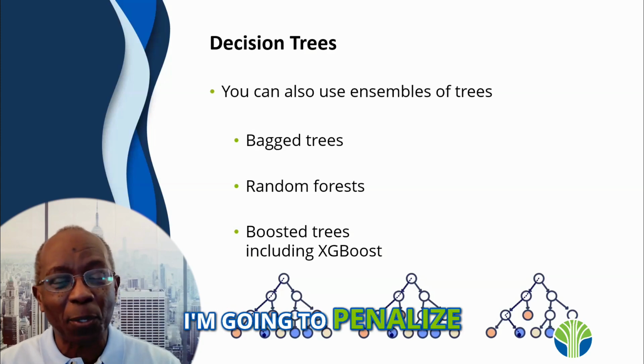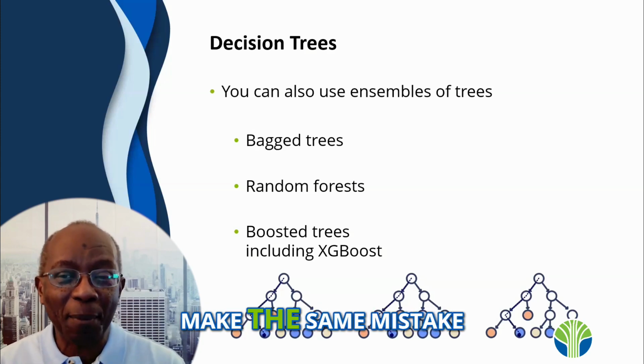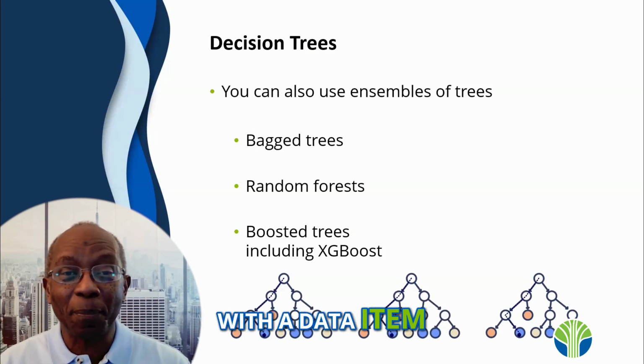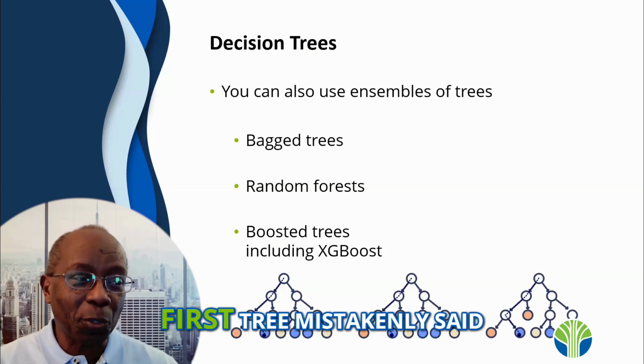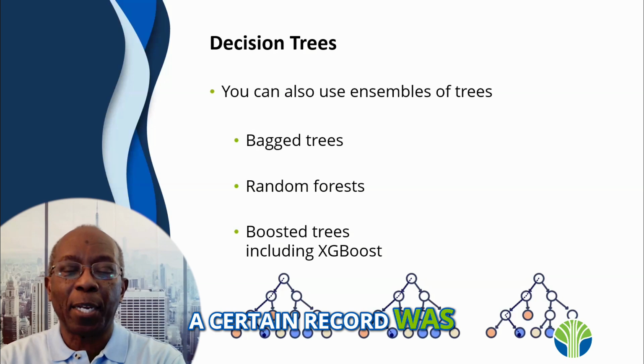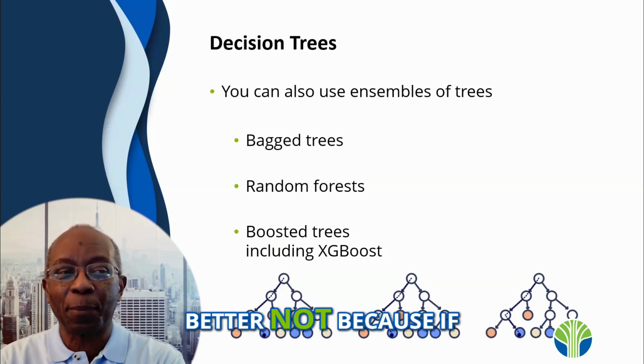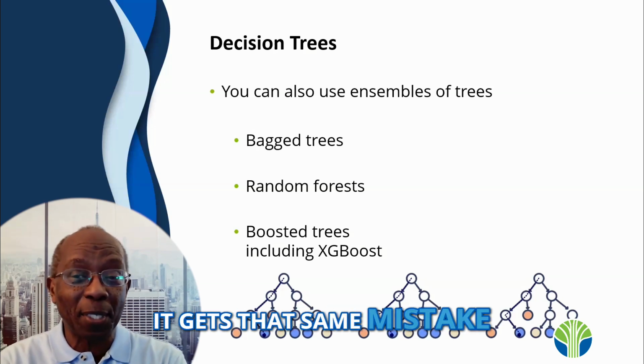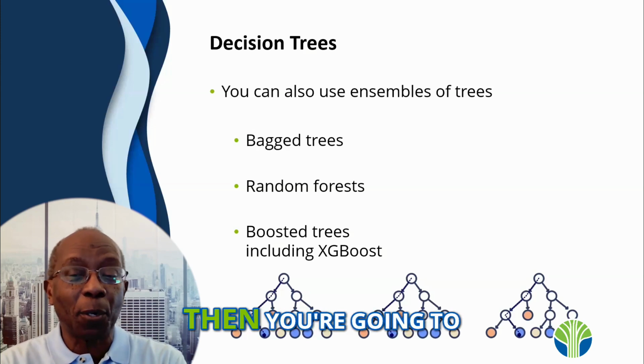I'm going to penalize you every time you make the same mistake with a data item that the first one did. So let's say the first tree mistakenly said a certain record was an anomaly. Well, the second tree had better not, because if it makes that same mistake, then you're going to penalize it.